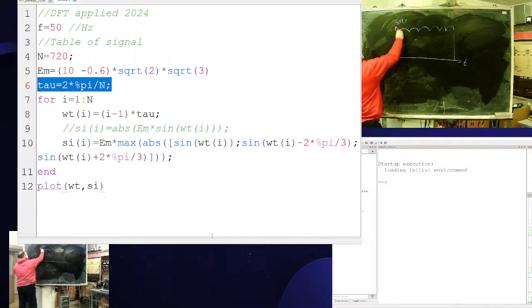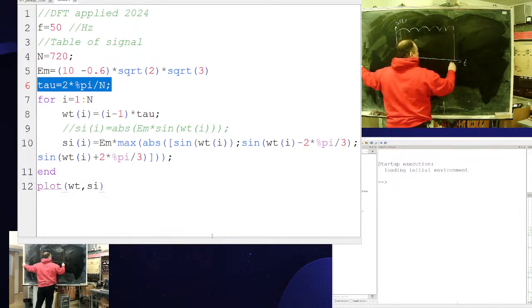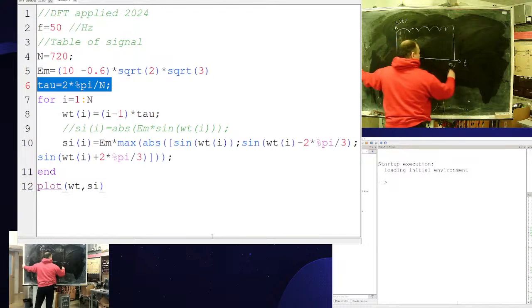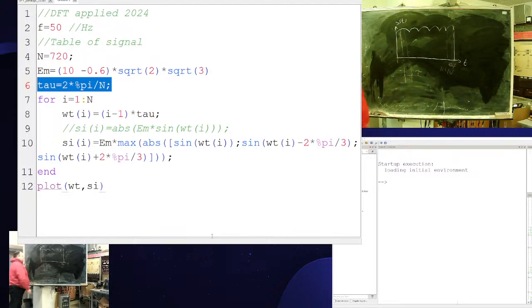I will take samples. Sample 1, sample 2, sample 3, and so on. The next one will be sample number 720, or N, minus 1. Tau is a step between samples.